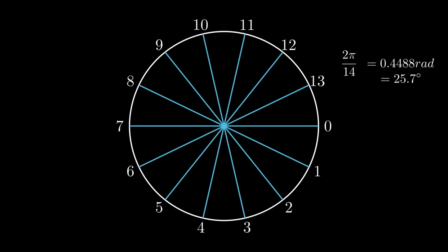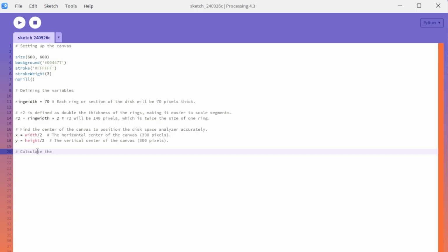Now, what is the significance of knowing this angle? Well, it helps us draw each segment accurately and position them correctly around the circle. So let's create a variable called p214 and set it to 2 pi divided by 14. This variable will store the angle for each slice and we will use it to draw the segments in the next steps.